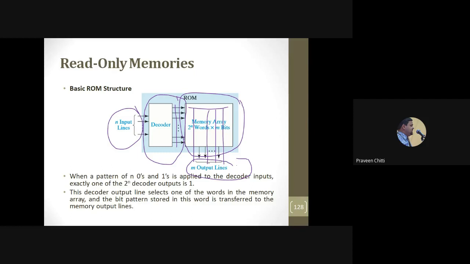This is how the ROM works. Is it clear? All of you understood the importance of using a decoder here? Why do we need to use a decoder? This is the actual ROM structure that can be used to implement any Boolean function or Boolean equation.